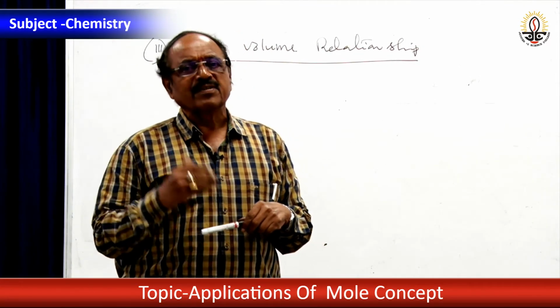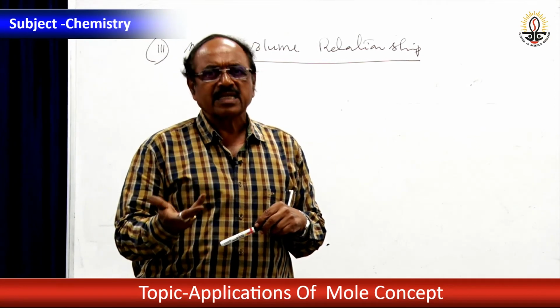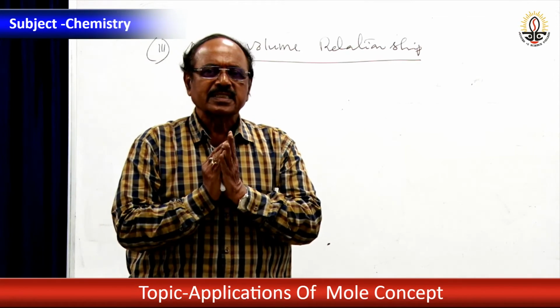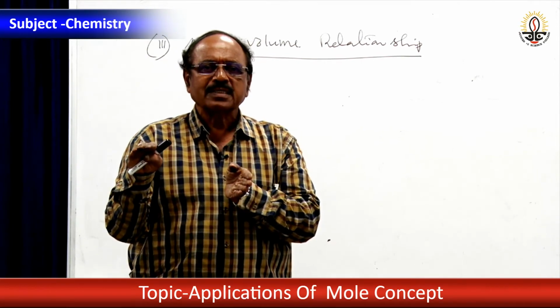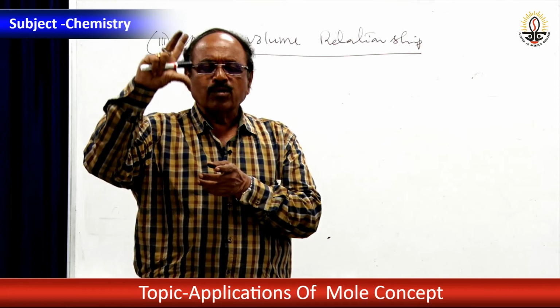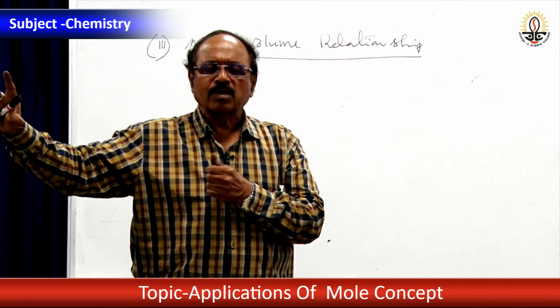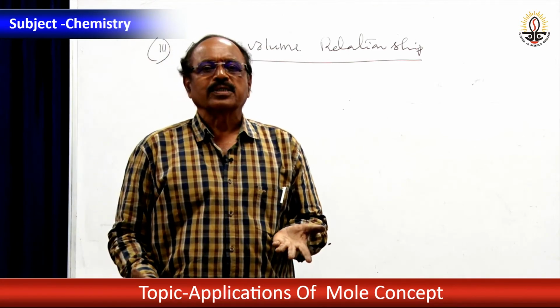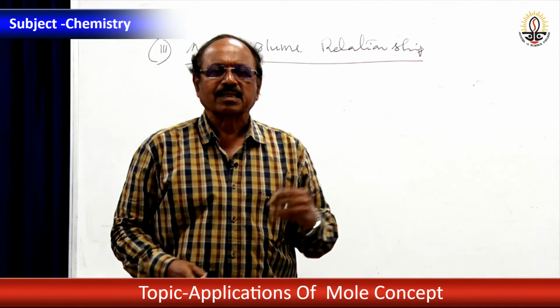Any volume or any mass is given to us. What will we do? We divide the given mass of the substance by the gram molecular mass, we get the moles, and 1 mole occupies 22.4 liters of volume. So, we can know the volume occupied by that mass of the substance.